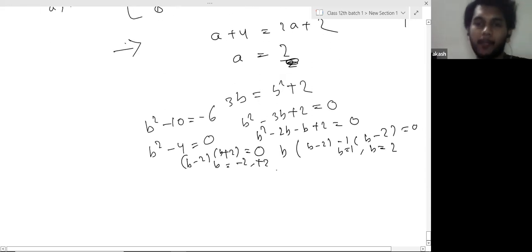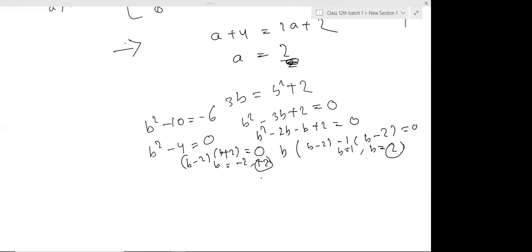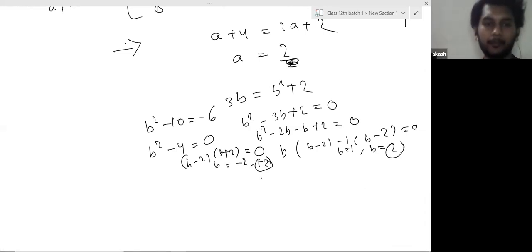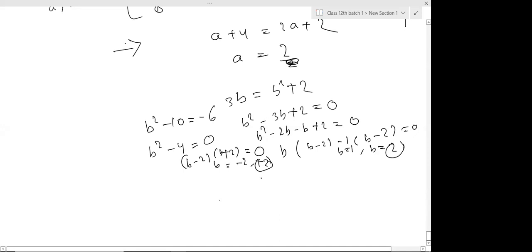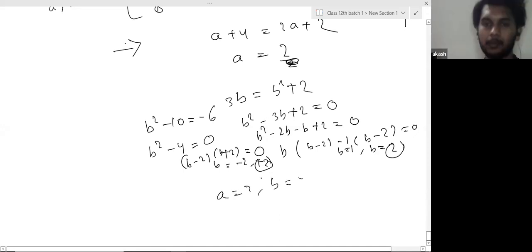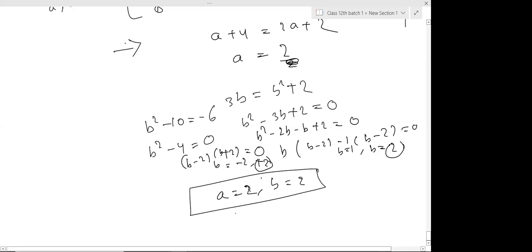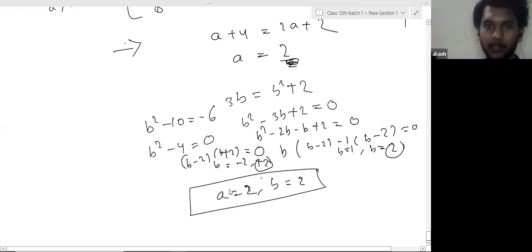Whenever you see two equations giving values, always take the common value, because the value has to satisfy both equations of the matrix. So a is 2 and b is also 2. This is clear? Shekhani, you were correct the first time, but then you sent me b is plus minus 2, which is wrong.